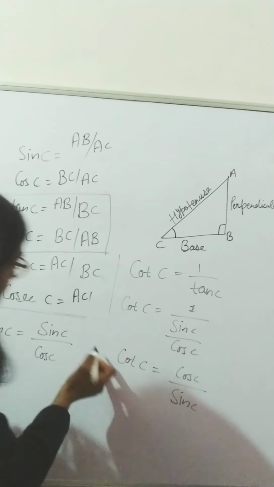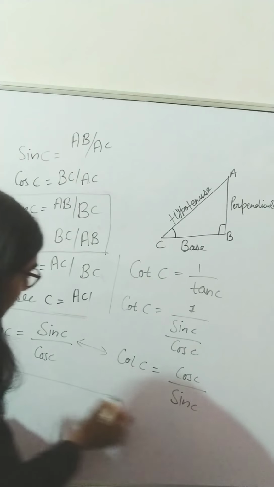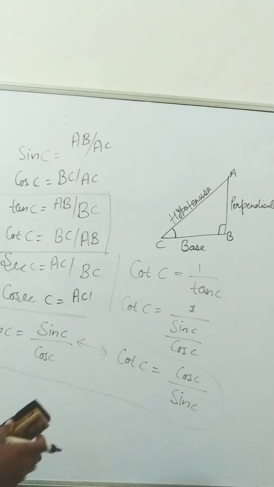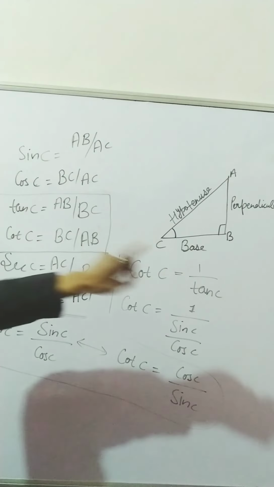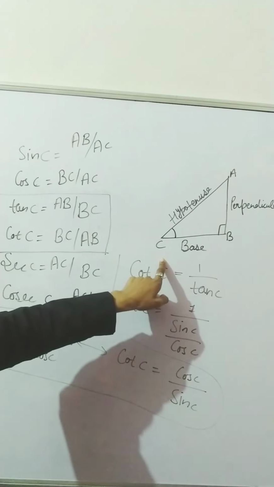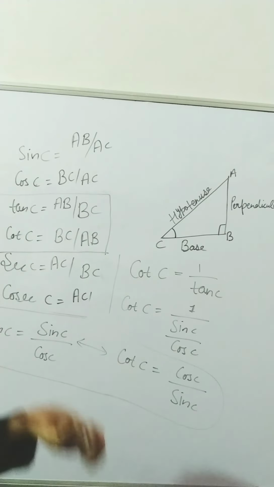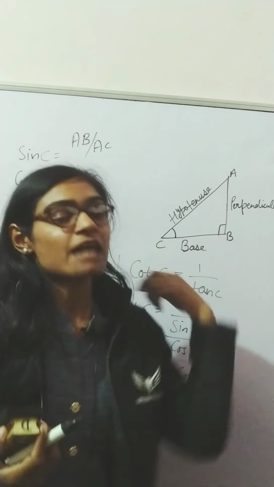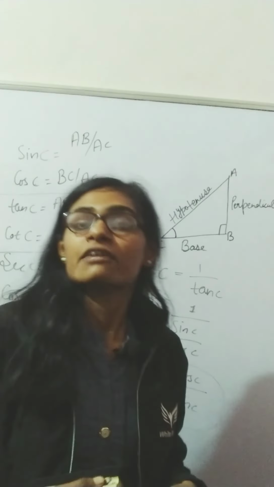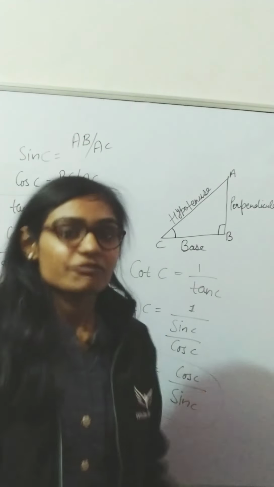So we can conclude that these two terms are reciprocals of the ratio of sine and cos with respect to angle C. So these are the 6 functions used in trigonometry, and these are the trigonometric ratios which are further used in our trigonometric numericals, which are discussed in further lectures.